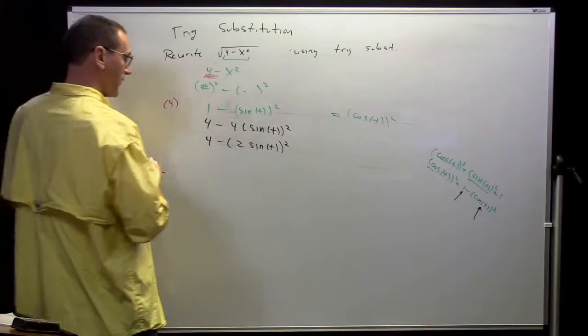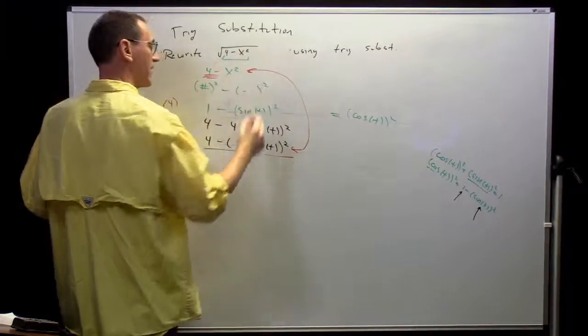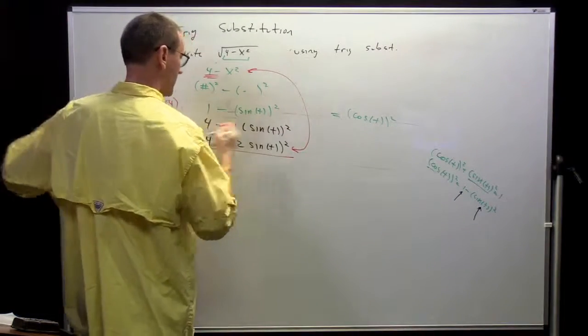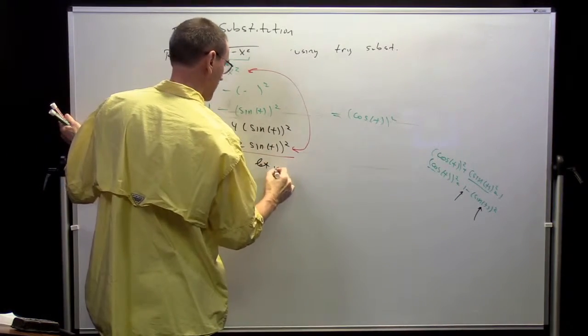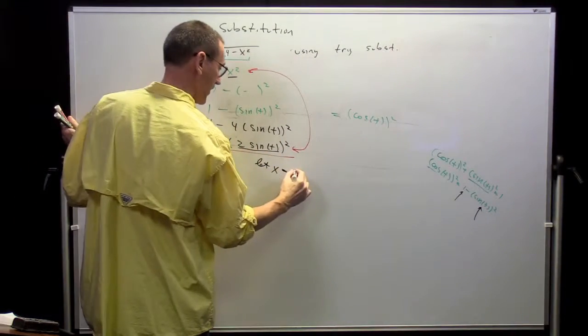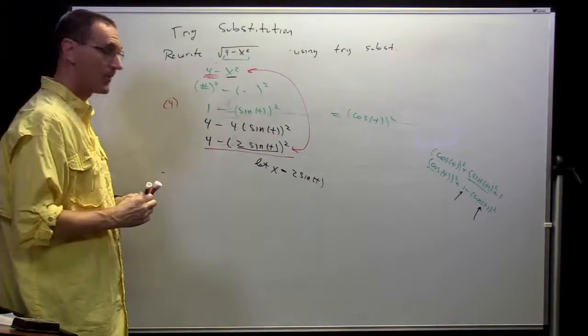So this thing right here, I want to be the same thing as that. So there's my x, and this thing I want to be the same. Let x equal 2 sine of t.